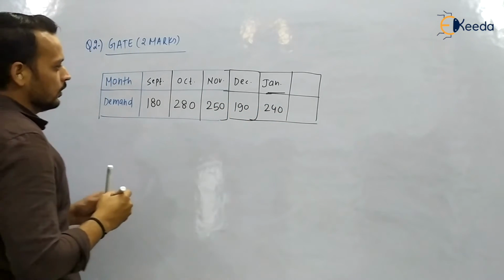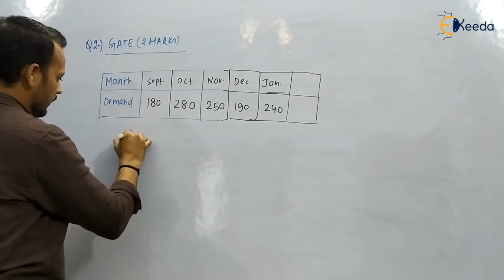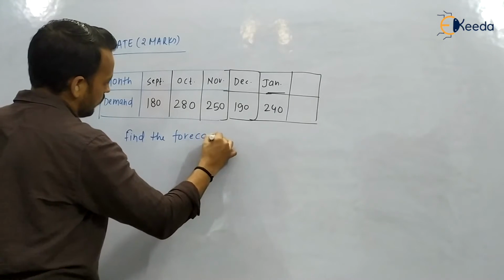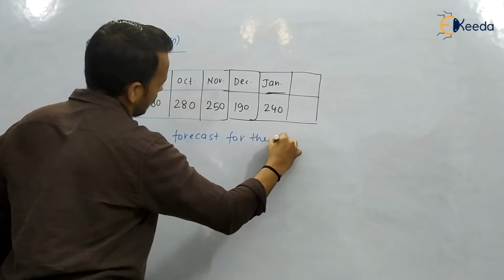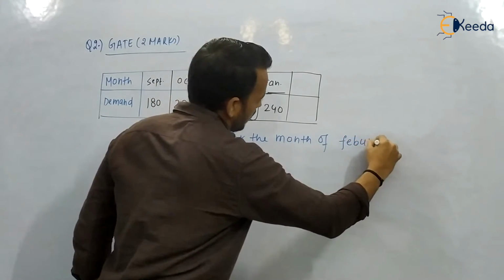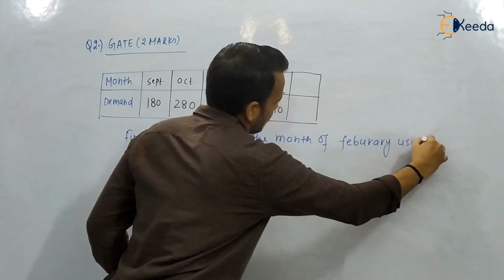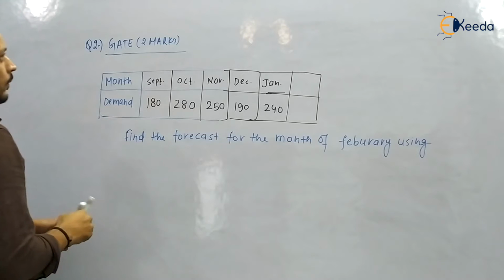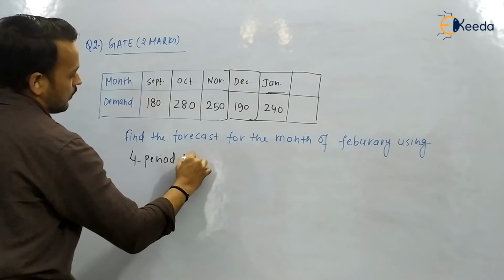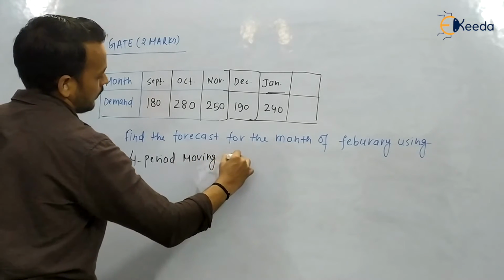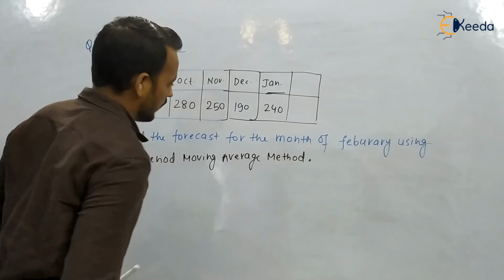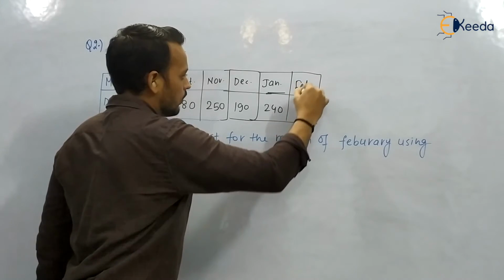What they are saying: find the forecast for the month of February using 4 period moving average method. So they are asking for the month of Feb.